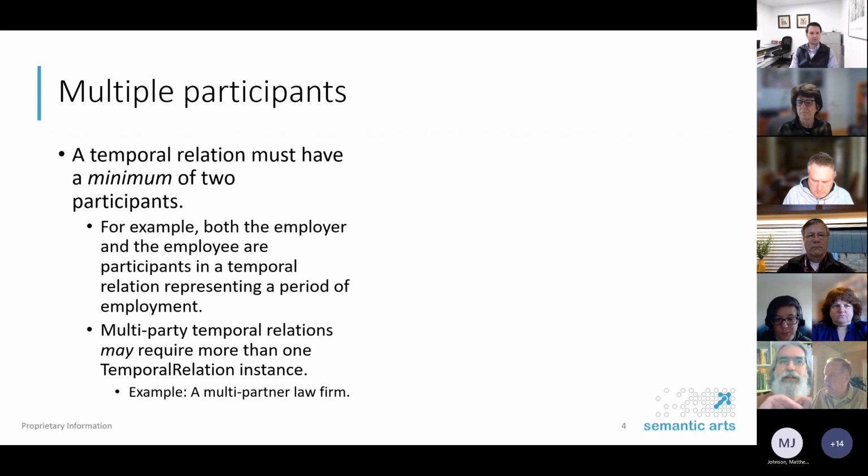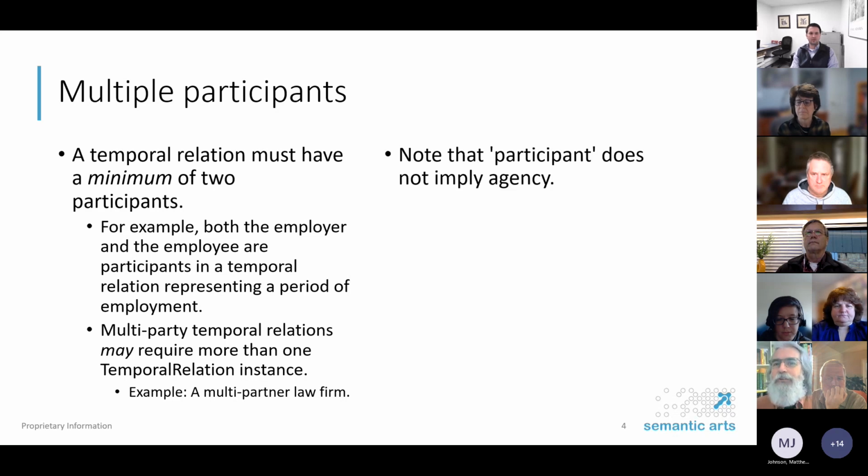So like if you think of a multi-partner law firm, the firm as a partnership exists over a certain period of time, but the individual partners may come and go, and they'll have different start and end times. So sometimes you're going to have to resort to something probably involving multiple temporal relations, but we're not going to get into that today. I just wanted to raise that caution.